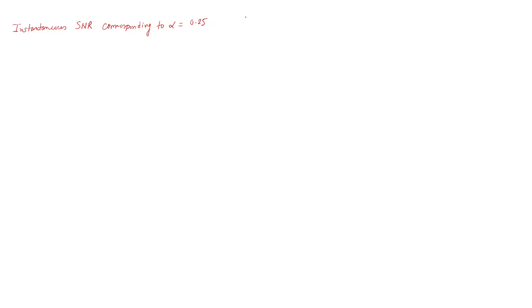By the way, let me write the different alpha values in series: alpha 1 is 0.25, alpha 2 is 0.5, alpha 3 is 1, and alpha 4 is 1.25. Now the corresponding instantaneous SNRs are small gamma 1, gamma 2, gamma 3, and gamma 4.